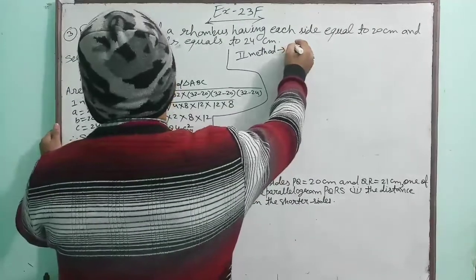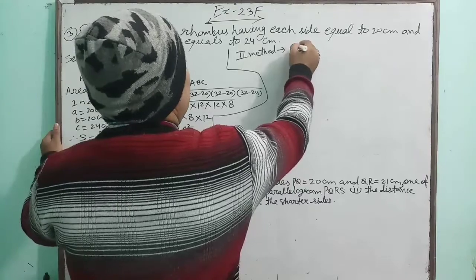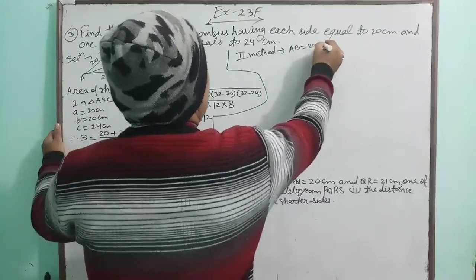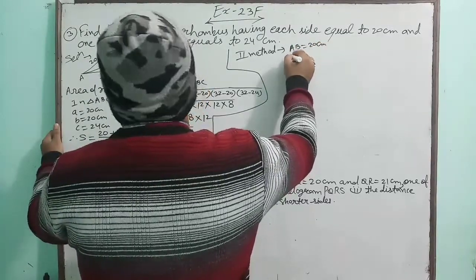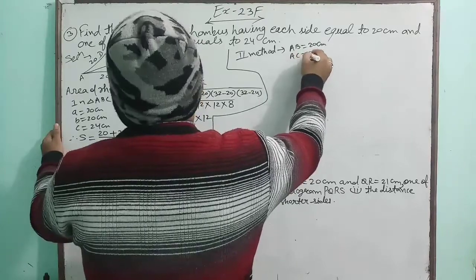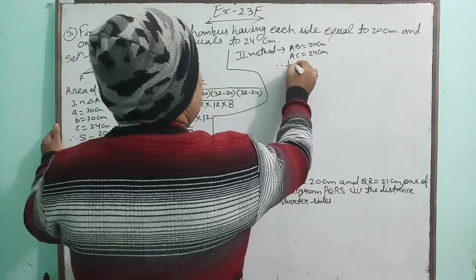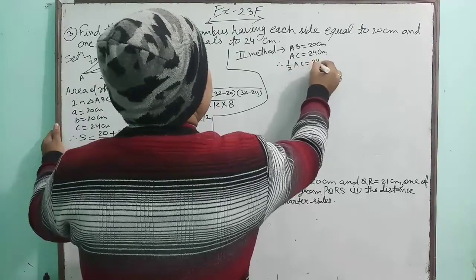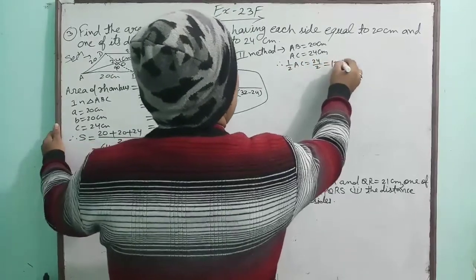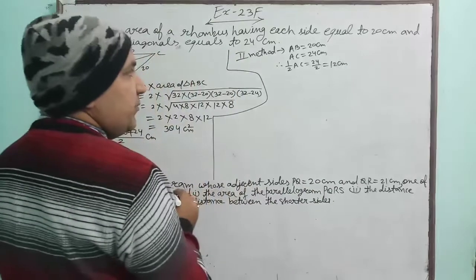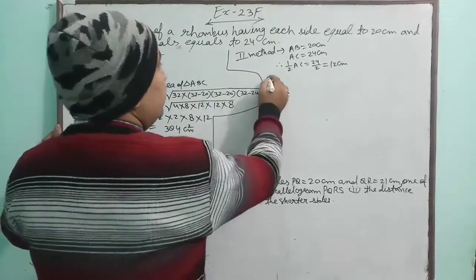So see here, in the second method, AB is given 20 centimeter. AC is given 24 centimeter, therefore half of AC will be 24 by 2, that is 12 centimeter. Okay.